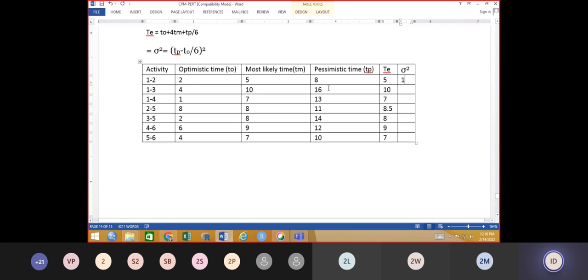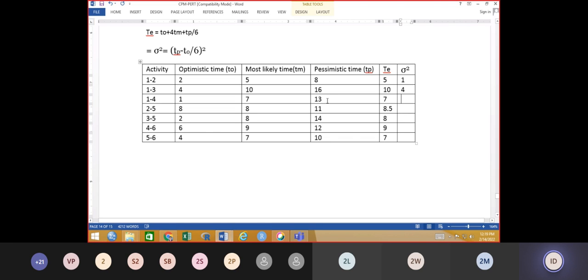Am I right? Yes or no? Yes, sir. Then 16 minus 4 is 12. 12 divided by 6 is 2. 2 raised to 2 is 4. Am I right?